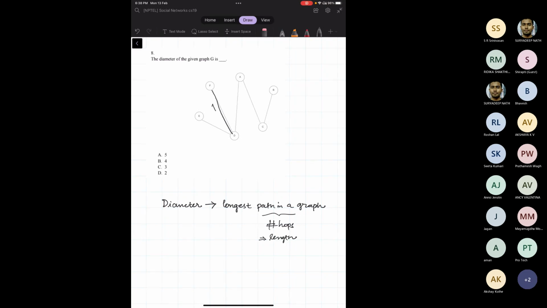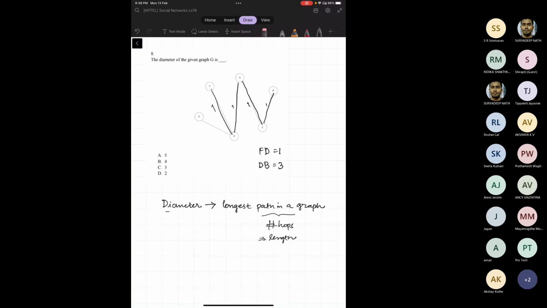Since this is an unweighted graph, we are considering only hops. So between F and D, the path length is 1. From D to B, the path length would be 1, 2, 3. So DB equals 3.